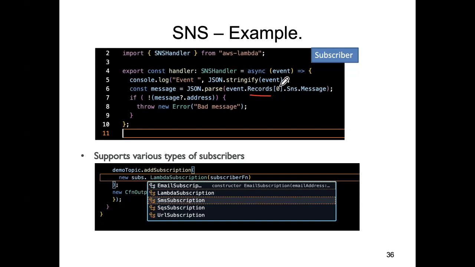For now, I'll just say that's because I know that there is only going to be one message in the quote unquote batch that it receives. That's why I'm hard coding it to pick up the first message in the array. And I don't do anything interesting with it. I just check to see does it have a particular property, get it to throw an exception if it doesn't. Otherwise, I don't do anything other than that.